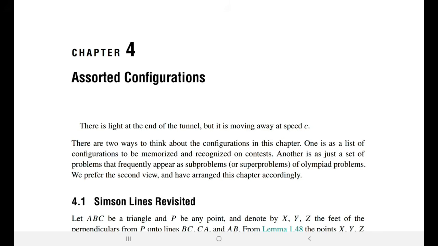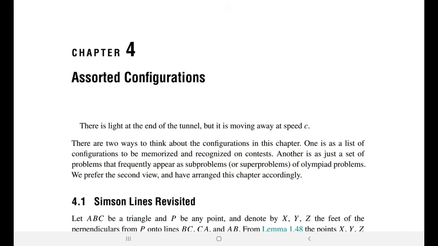The second view is that we can look at these famous configurations as just some famous problems that are going to appear in many problems. So for example, you're doing some problem and then you keep simplifying the question until you get that you just need to prove something, which is just the thing that we're going to be discussing in this chapter.